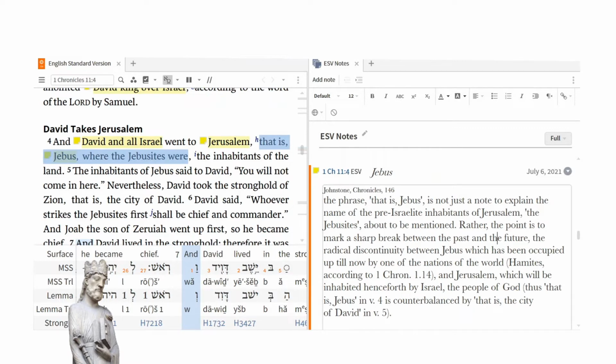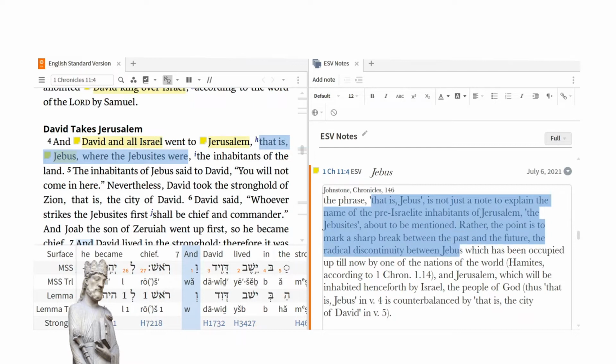Before we go any further, I do want to note this point by Johnstone concerning the phrase, "that is Jebus." He says, it's not just a note to explain the name of the pre-Israelite inhabitants of Jerusalem, the Jebusites, about to be mentioned. Rather, the point is to mark a sharp break between the past and the future.